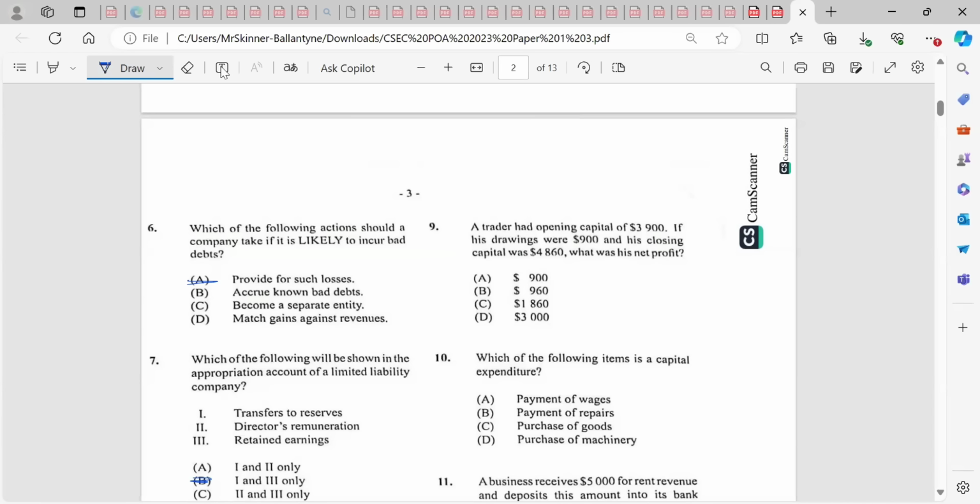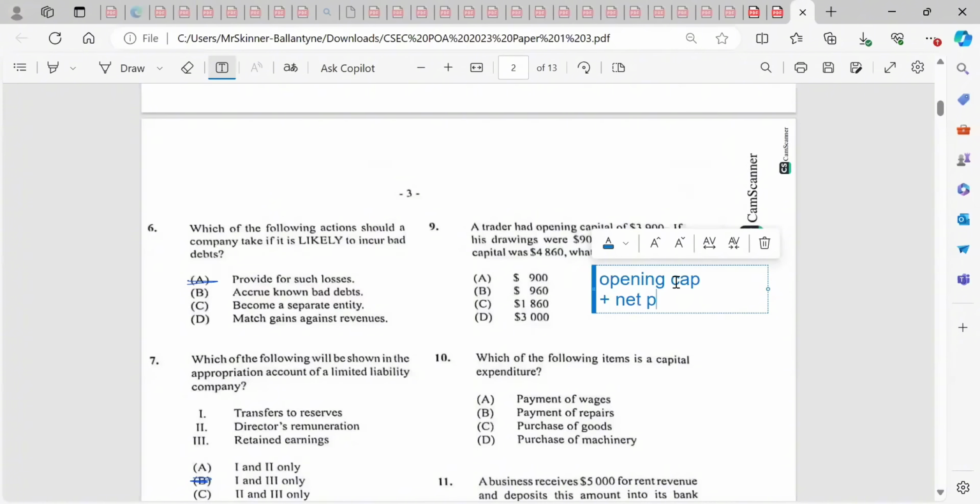We do this question so much, we all know the answer is C. But just in case some people don't know it, the formula is: opening capital, add net profit, less drawings, will give you closing capital.